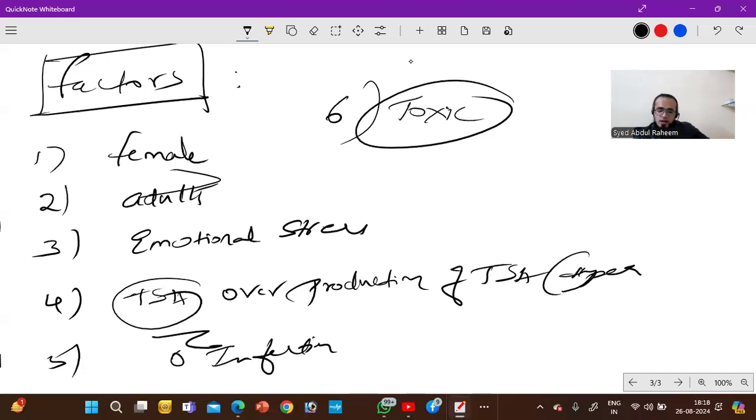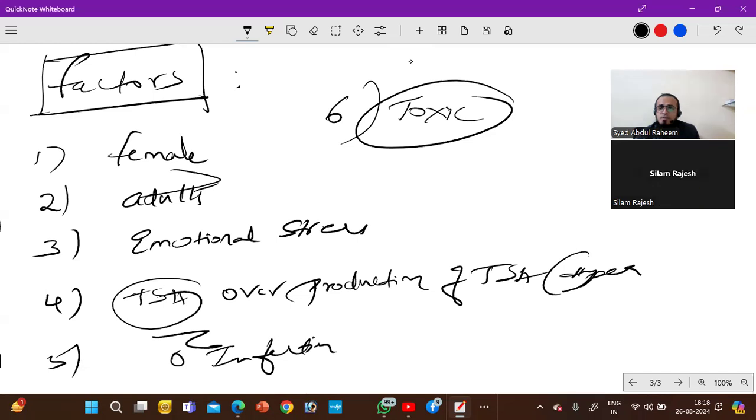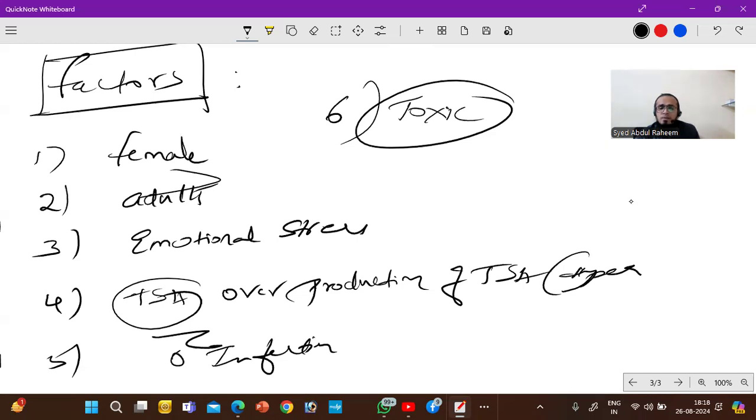So it is very, very harmful. Sometimes the gland itself becomes toxic, which leads to hyperthyroidism. So these are the factors.